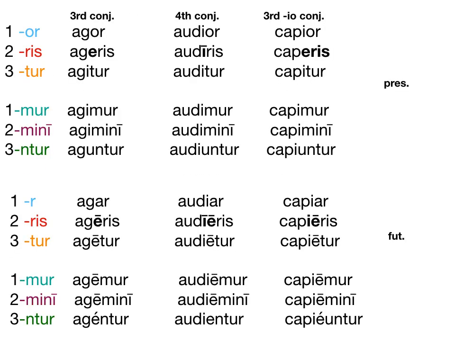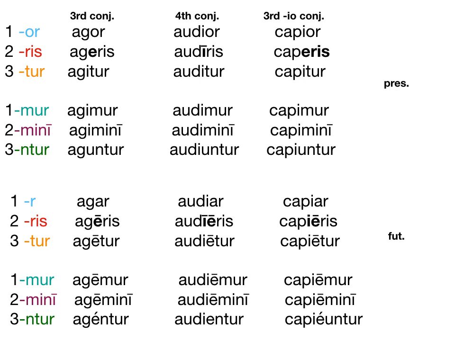And then these endings are basically the same, except for the fact that we're getting this long E showing up. So that is most weird in the second person, because second person present active also ends in ERIS, and so it's quite literally just that macron that is differentiating it. For fourth conjugation, it's more different, audiris versus audieris.